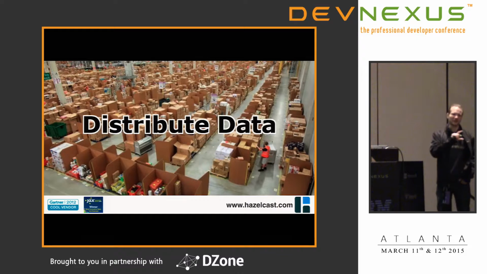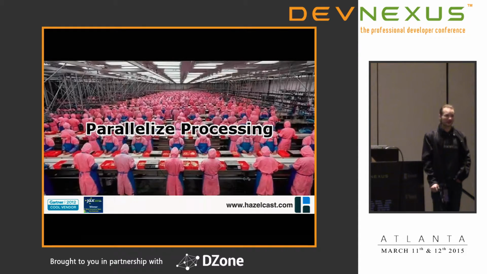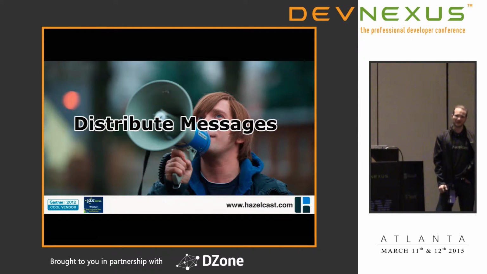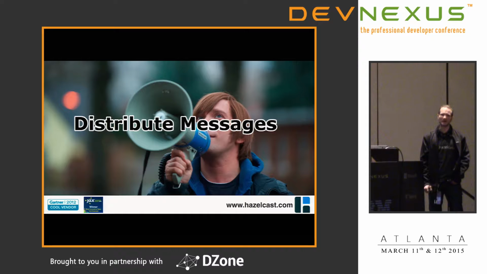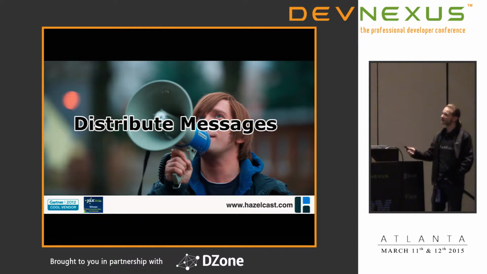If you have a cluster and you put in something, we see which node will be the owner of a special key, and then we send the data over there. And I guess you get the idea of distribution. We parallelize processing. As I said, we have executor service, we have MapReduce, everything running in memory, and we have some lightweight pub/sub implementation, topic, not as heavyweight as JMS, but for most of the operations from our customers, this is amazingly good.